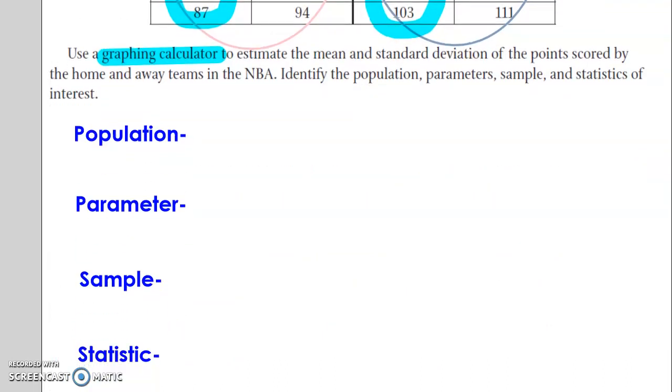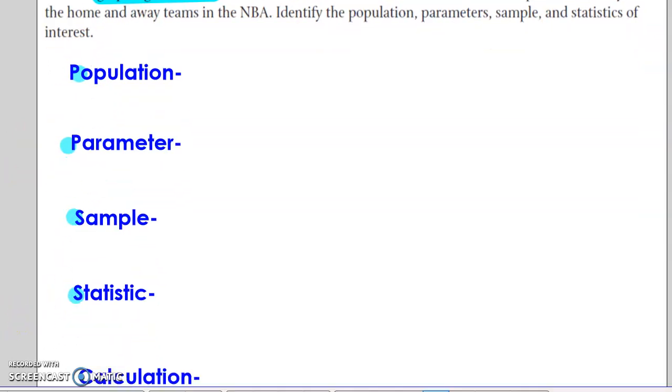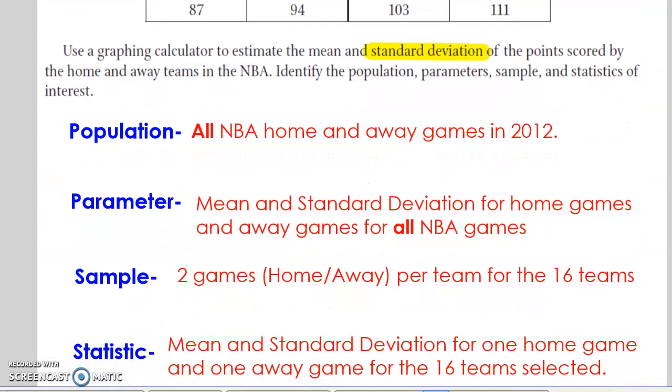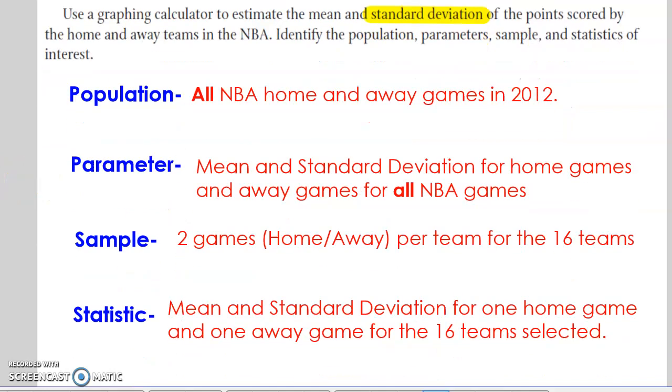So we'll go through, identify these 4 components, and then we will discuss the calculation as well. The population is not just these 16 teams, but all NBA home and away games in 2012.